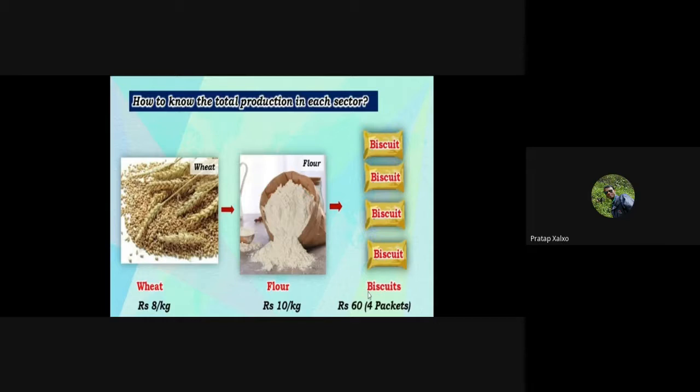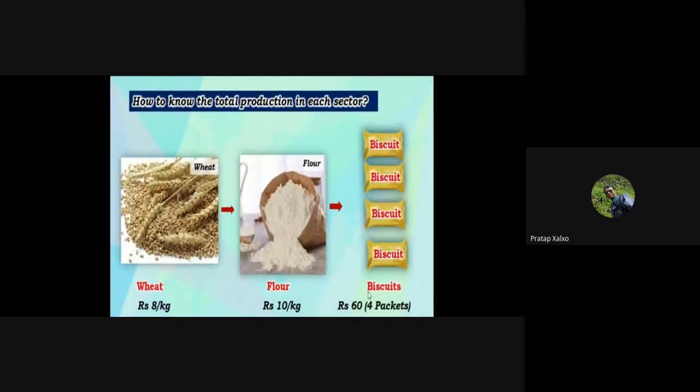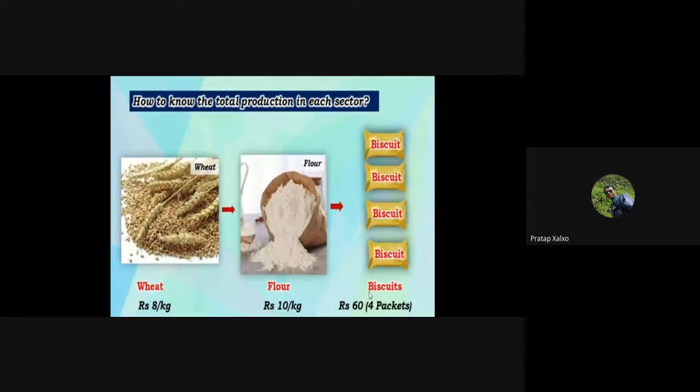I should take only 60, because if I'm counting 8 and 10, then it will be a double or triple counting of the same things. So, this is the meaning of why only the final product has to be taken. Many things that we use in our day-to-day lives can come from the primary sector, then secondary sector, then tertiary sector. So, only the value of the final goods or services must be taken.